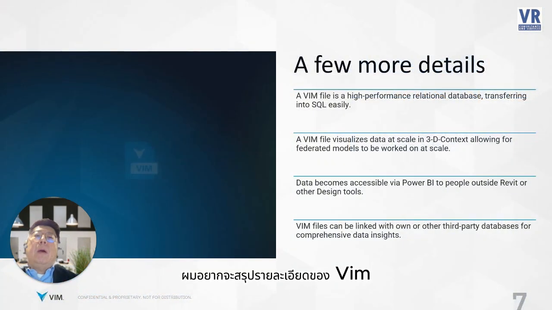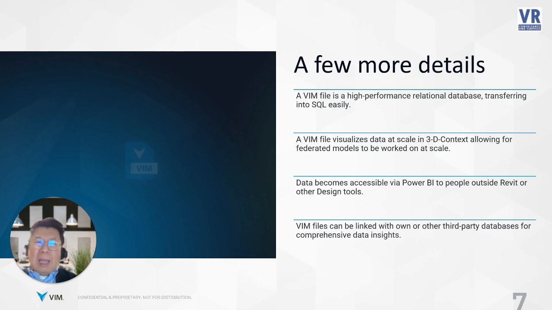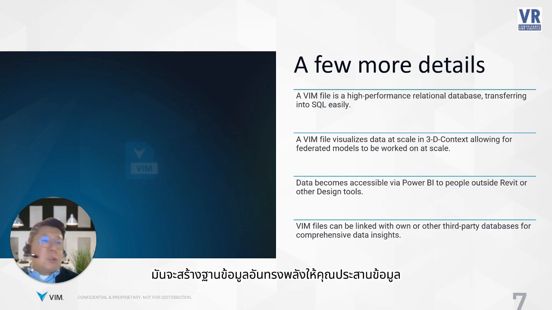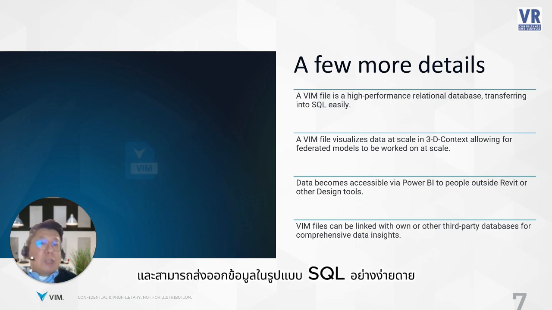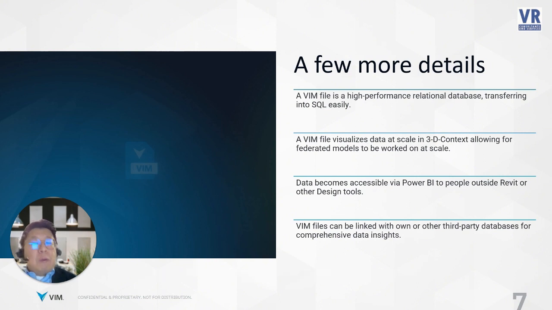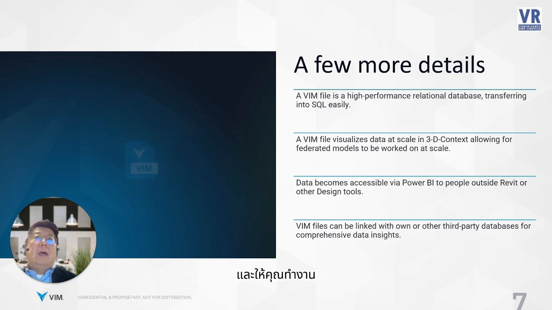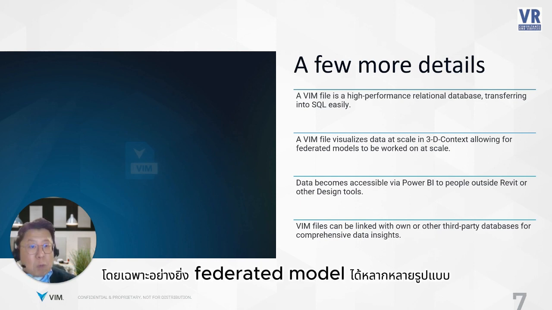Just a recap, a few more details about our Vim file. After we convert from files such as Revit or IFC, it is a high-performance relational database. We can transfer the data into SQL easily. The Vim file can visualize the data in 3D, especially allowing federated models to work at scale.